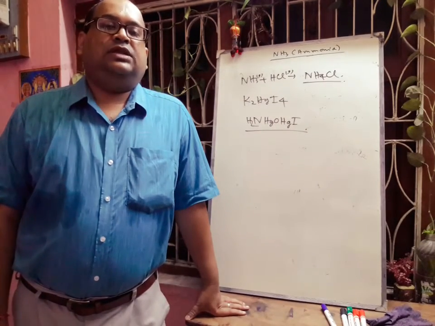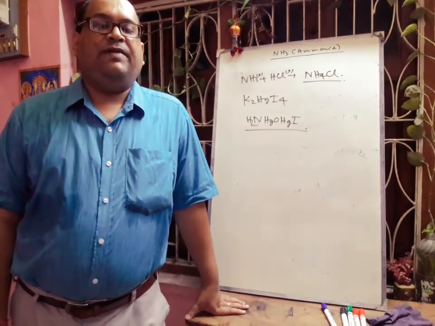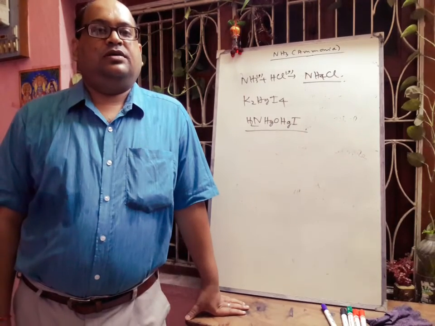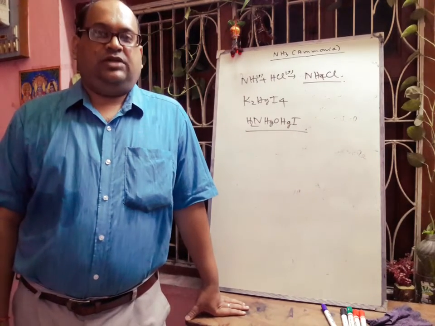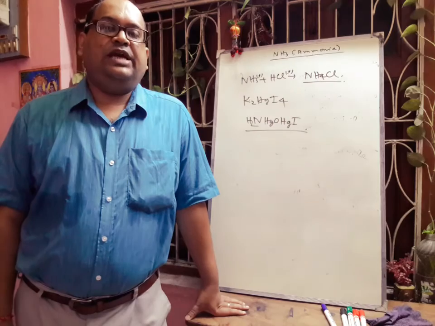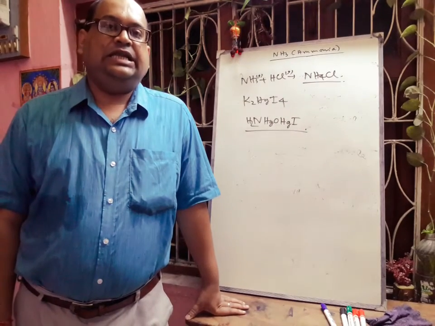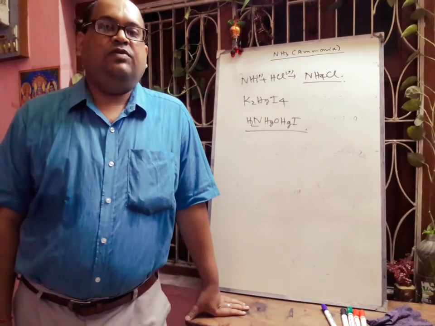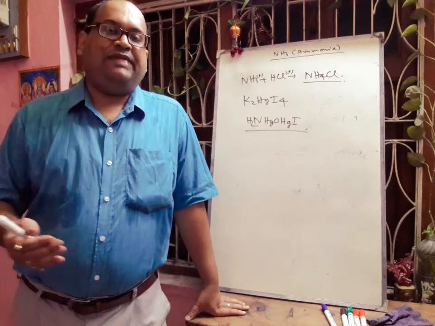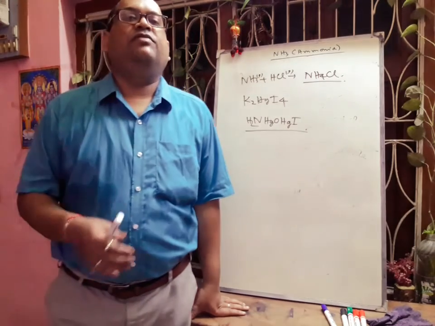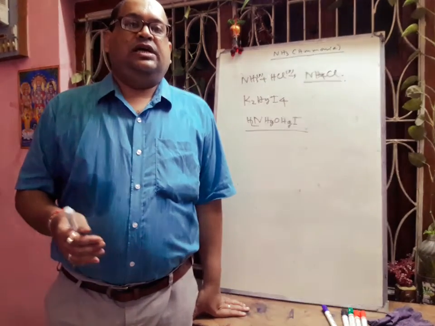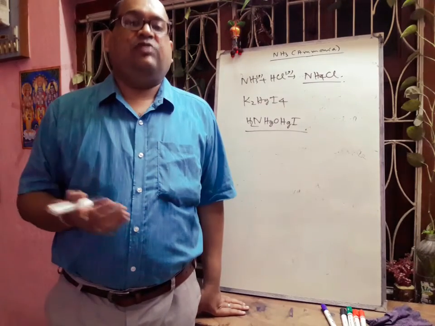Now the last point we will discuss is the different forms of ammonia. What is liquid ammonia? You know that ammonia is a gas and it is a covalent compound, and if you cool it and apply high pressure, then it will be liquefied. Next one is, what is liquor ammonia?